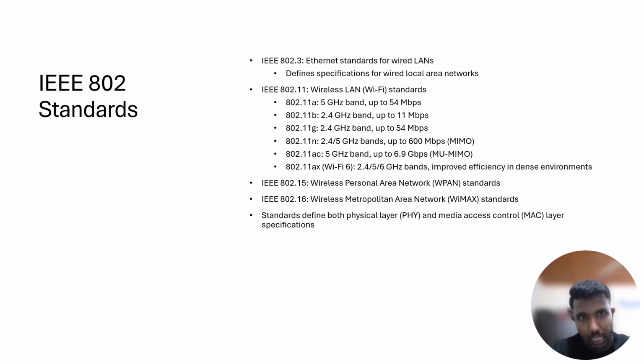IEEE 802.15 covers wireless personal area network standards, including Bluetooth for short-range device connectivity and Zigbee for lower power applications like IoT sensors. IEEE 802.16 defines WiMAX standards, wireless metropolitan area networks provisioning broadband wireless access over long-range distance.